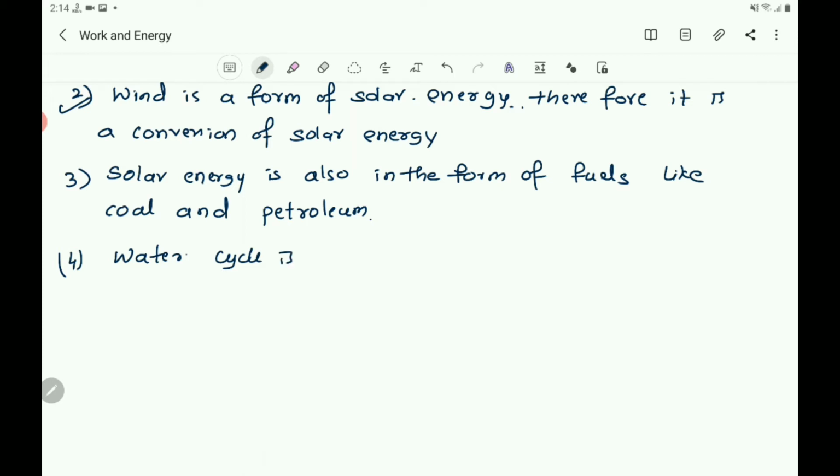Water cycle is an example for the conversion of energy.